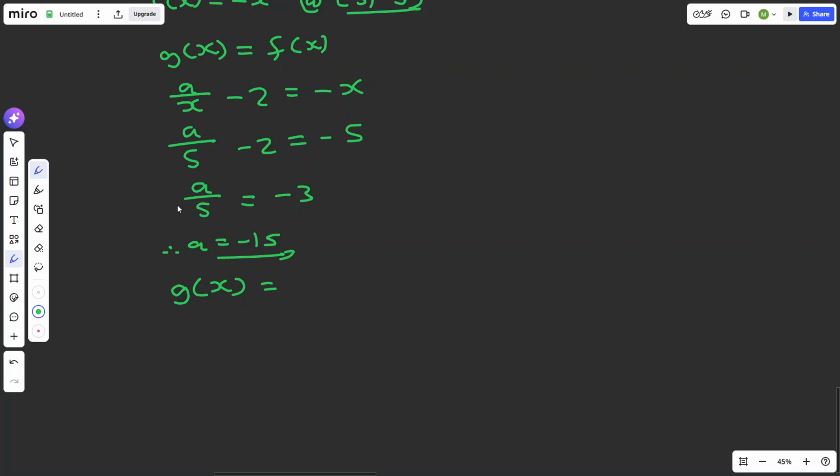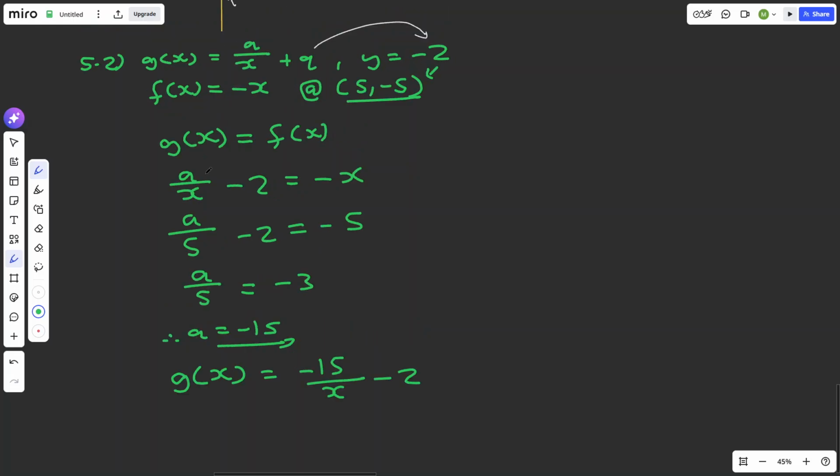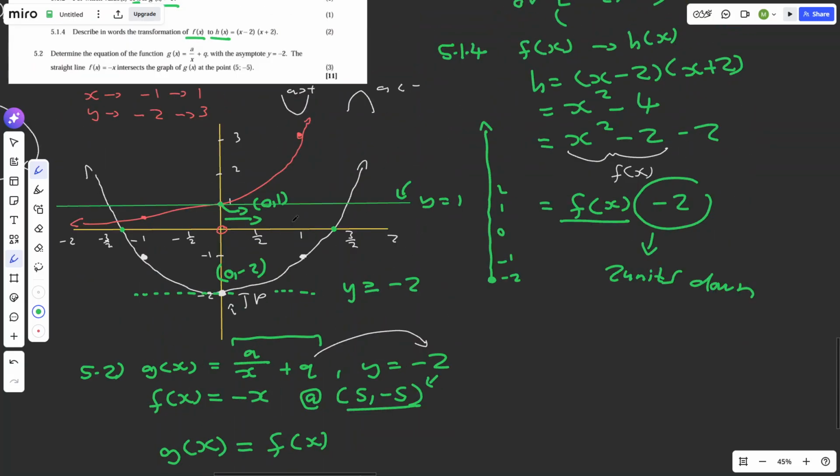So our function would be defined as -15 divided by x, minus 2. If we go back to the original function, we can clearly see that we have found all the parameters. And that is basically it for this question.